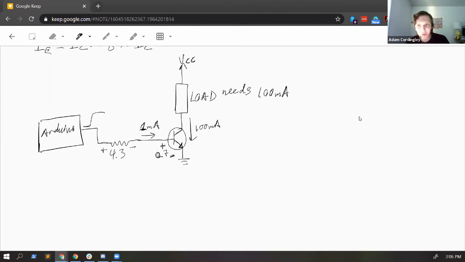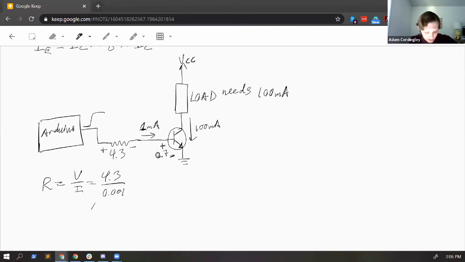And I know I need about 1 milliamp. So we can figure this out with Ohm's law, right? R equals V over I.